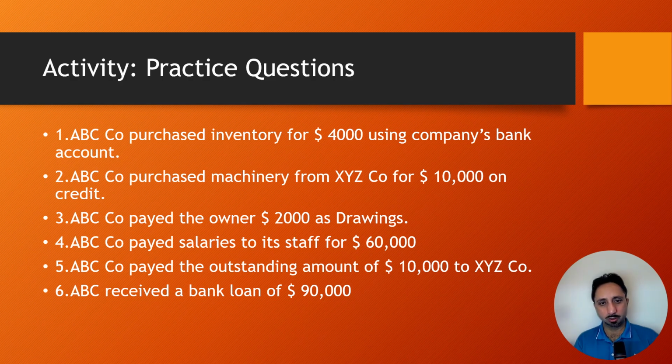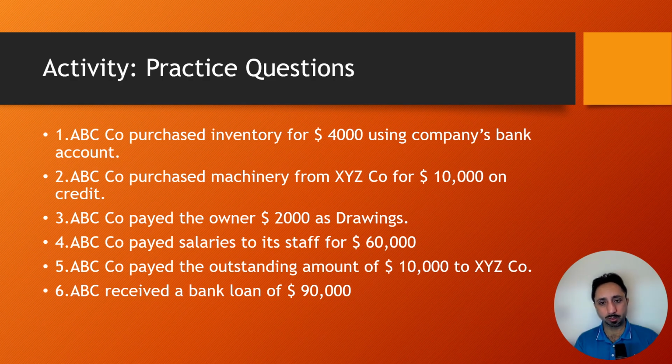ABC Corporation paid the owner 2,000 as drawings. Now the money is coming in the form of cash, you can assume, or it's going into the bank. So there is increase in the value of asset named cash or bank, and that is 2,000. Drawings is something when the owners of the business withdraw some money from the business.